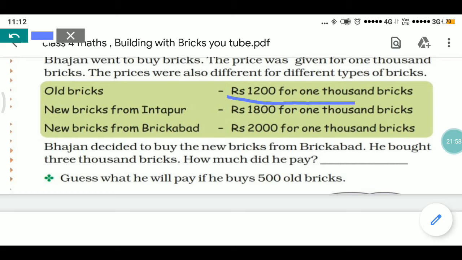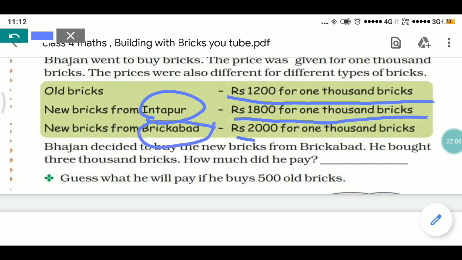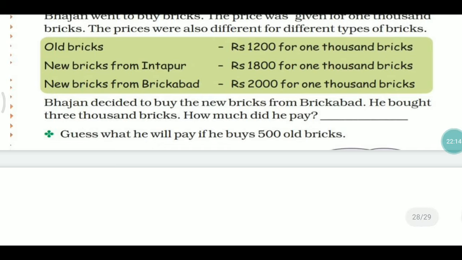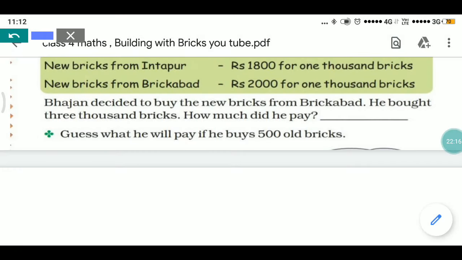For new bricks from Intapur, 1800 for 1000 bricks. New bricks from Brickabad, 2000 for 1000 bricks. Vajan decided to buy the new bricks from Brickabad.